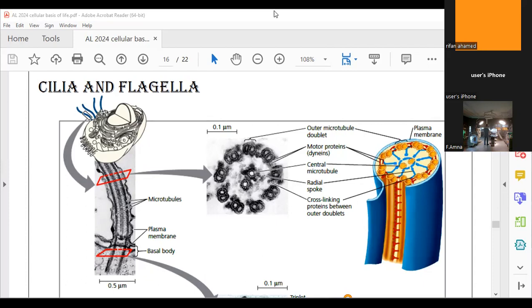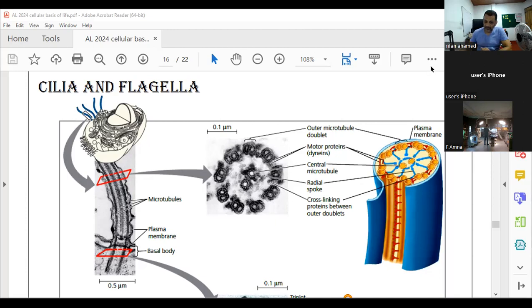Some hair-like projections can be noticed from the cell surface, and those hair-like projections are the ones called cilia and flagella.